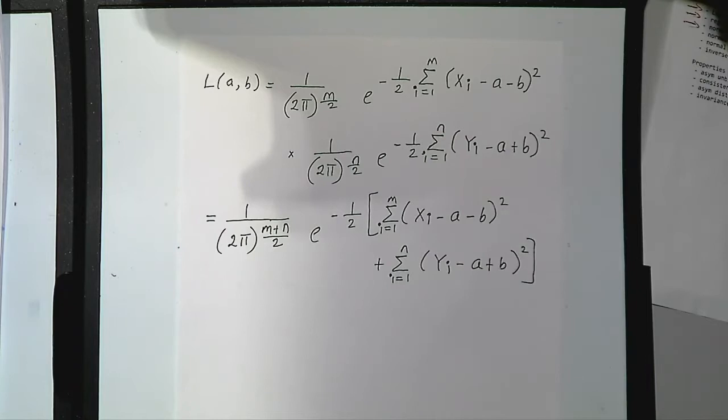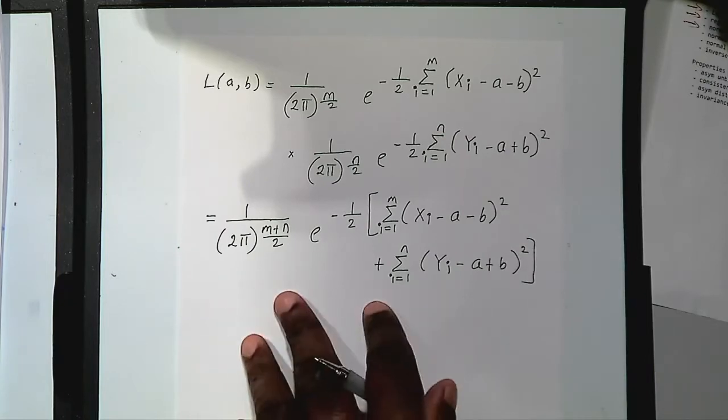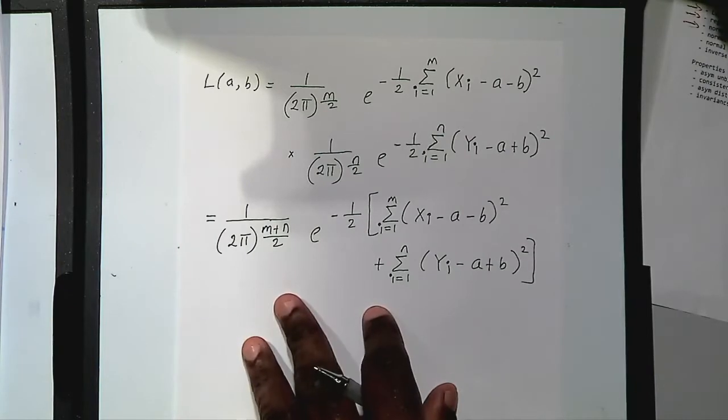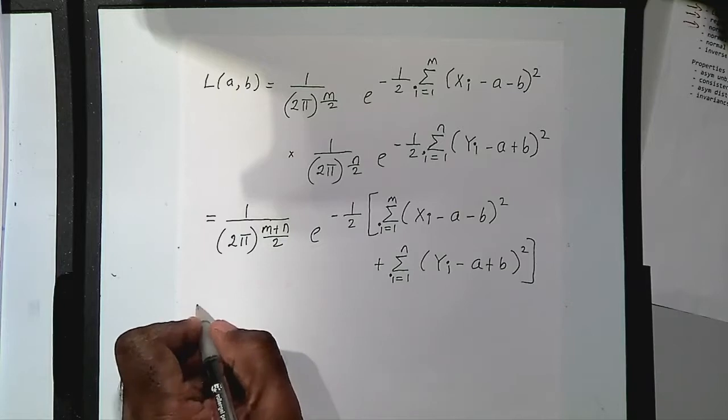Right? So this is the simplified form of the likelihood function, right? So that's step 1.